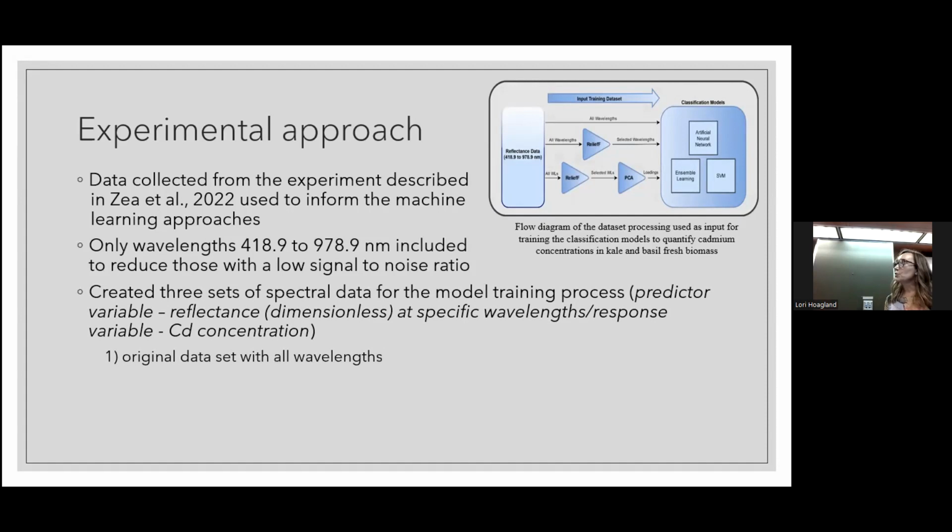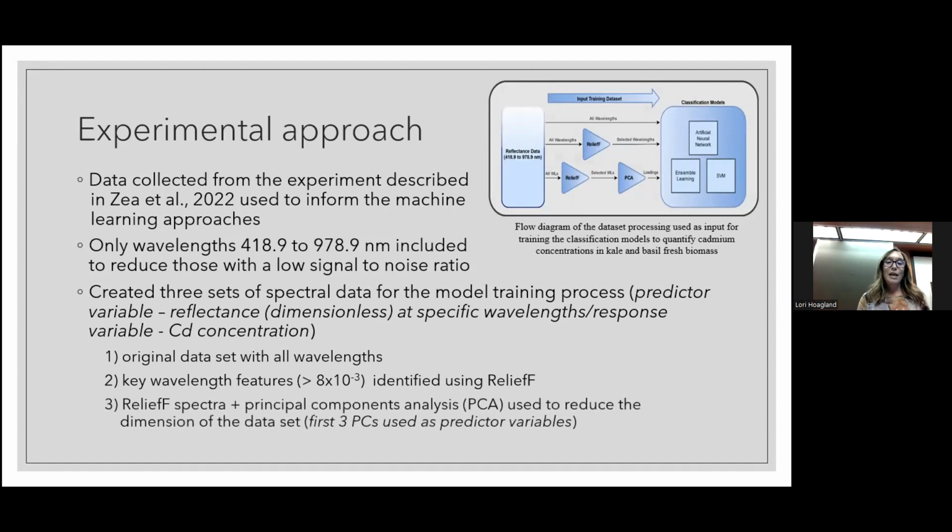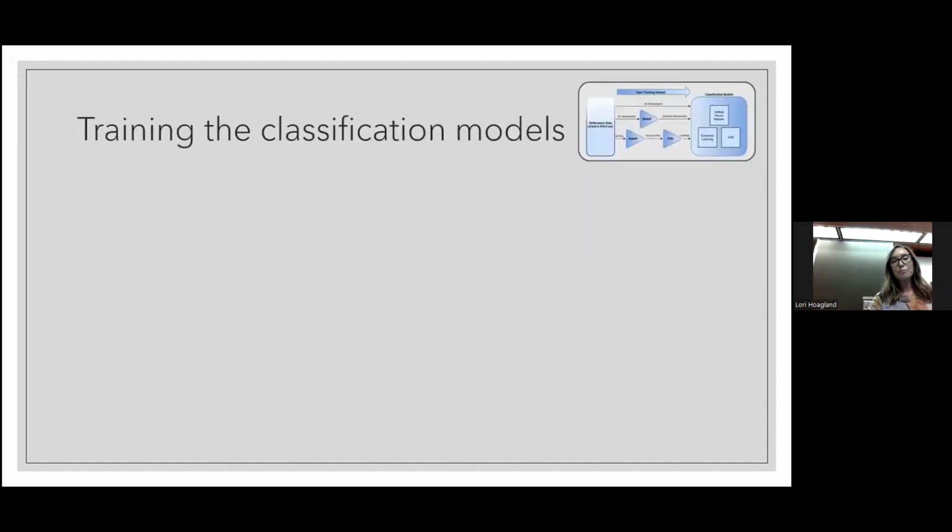One of those was just the original data with all wavelengths. The next was key wavelength features identified using the ReliefF program. And then we combined what we generated from the ReliefF spectra with principal component analyses to reduce the dimensions and further identify specific wavelengths to work with.